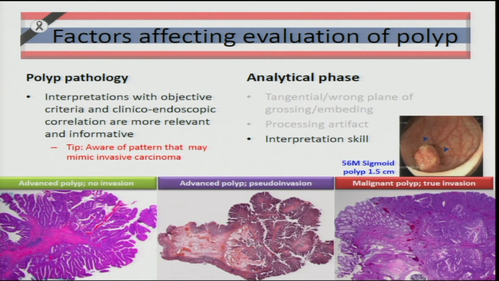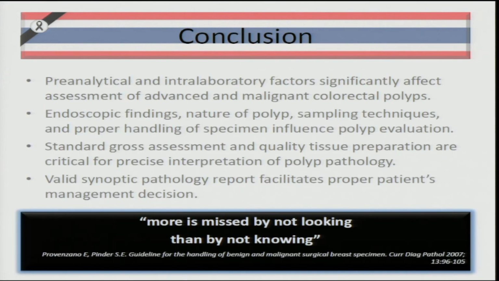And the last thing, pseudo-invasion in polyp is always a problem, but if you're objective enough and strict to criteria, then there's not much that we would miss. And in conclusion, every factor that happens before and inside the laboratory can affect colorectal polyp evaluation.